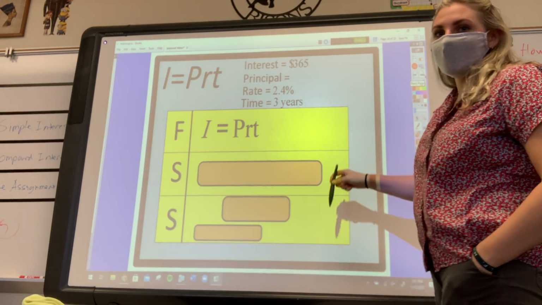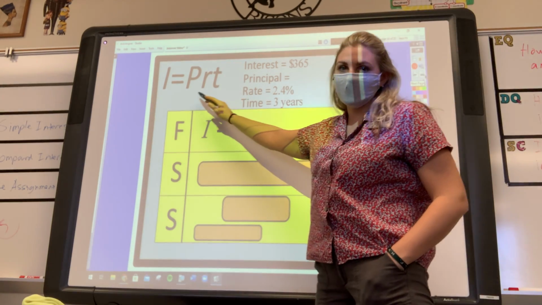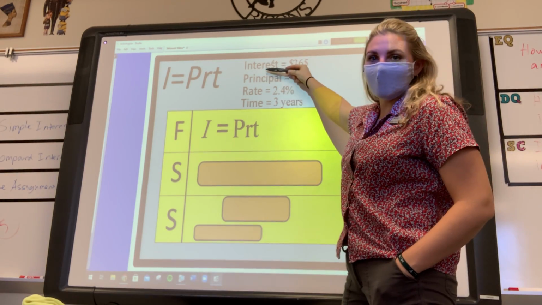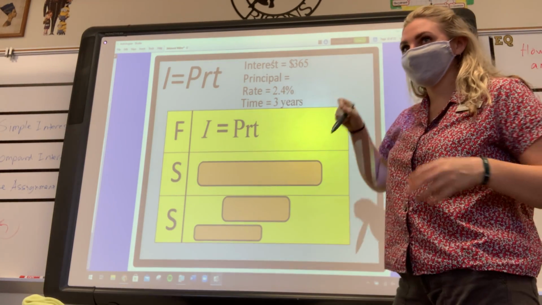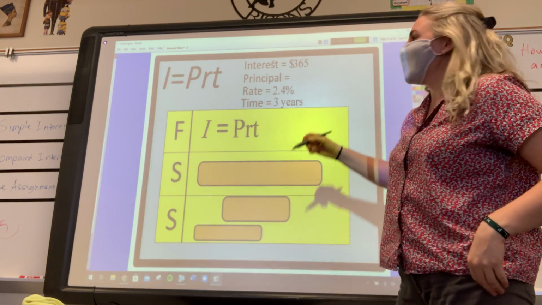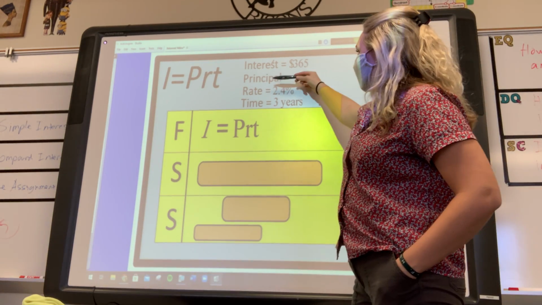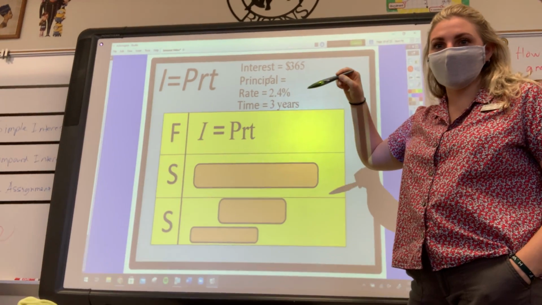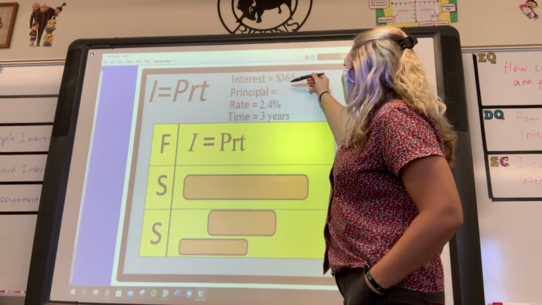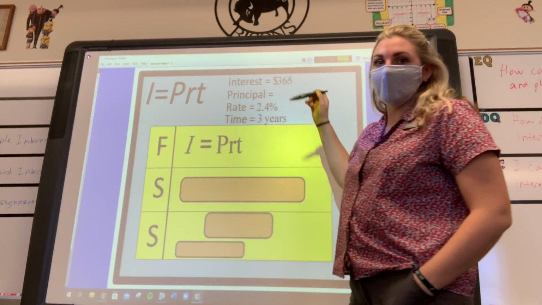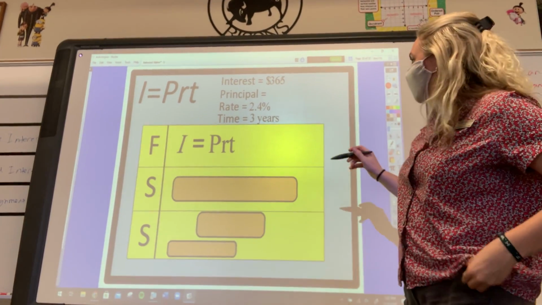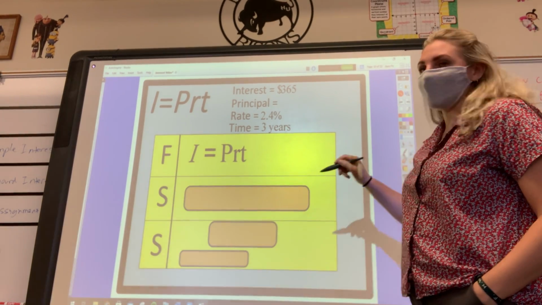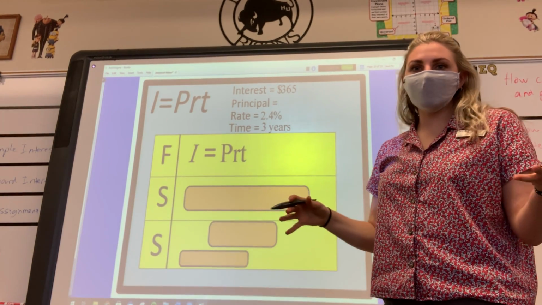So if you notice here at the top, we still have our same simple interest formula. But there are 4 separate values given. And this time, rather than being given a principal, a rate, and a time that we've been given thus far, we are now given an interest. So we still are going to take each of our numbers and substitute them into their proper place.